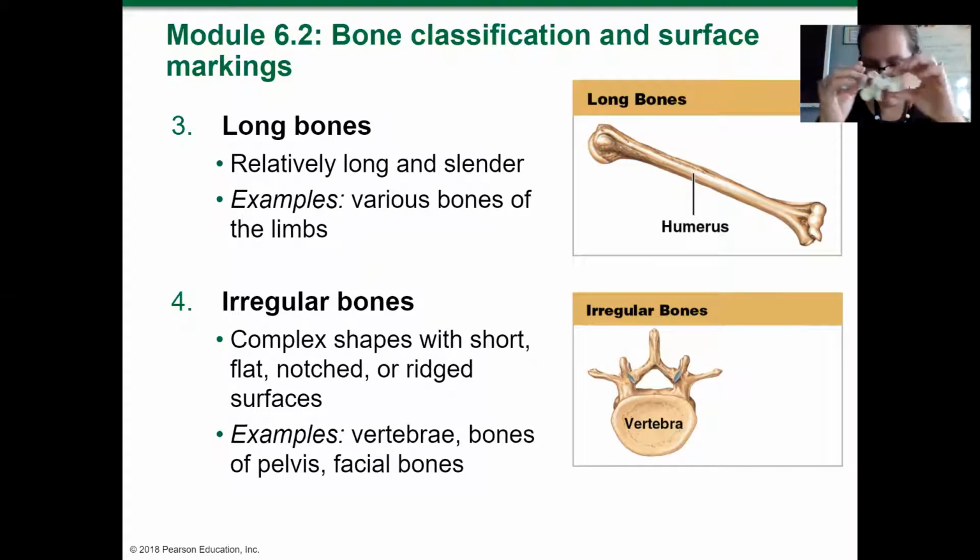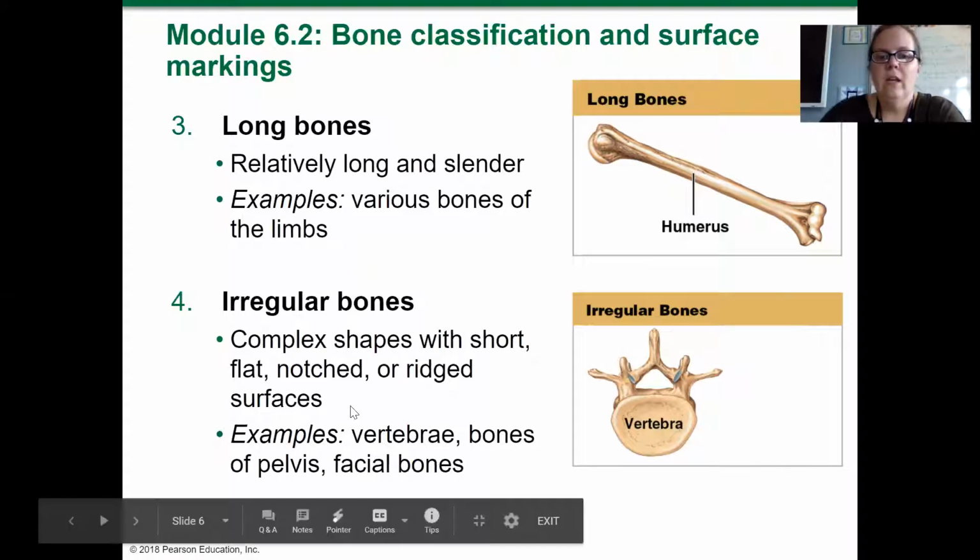Lumbar vertebrae look like moose. And if I look at some cervical and thoracic, this is a thoracic, and that kind of looks like a giraffe, right? I'm not saying all irregular bones look like animals, but that's some fun trivia for you.